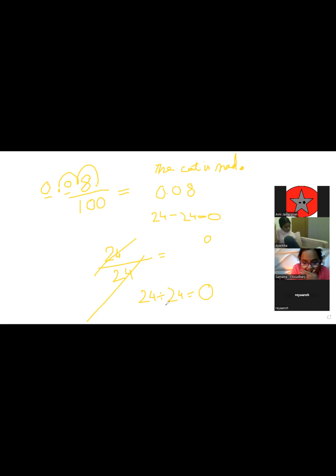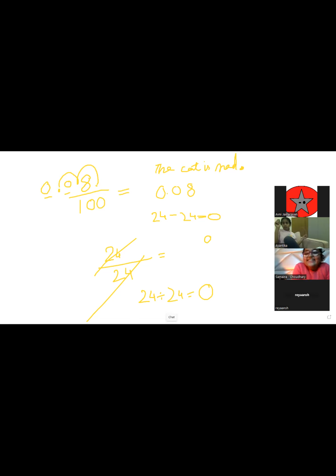So 24 divided by 24, can it ever be 0? No. 24 divided by 24 means you're dividing 24 into 24 equal pieces.